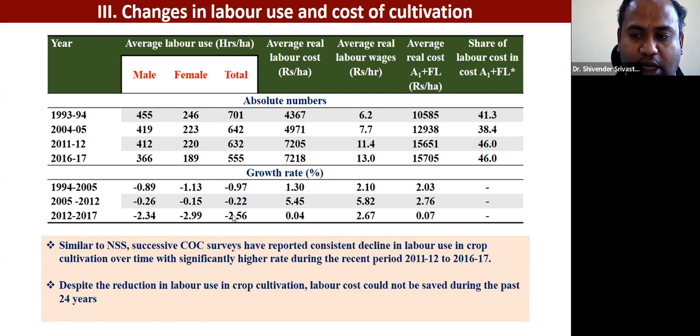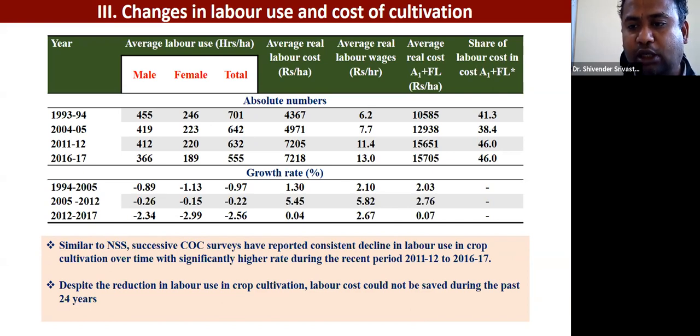So we can see the same trend which we could see in the NSS survey, that cost of cultivation surveys are also showing a decline in labor use over a period of time. So if labor is declining, it may lead to savings in cost. We can expect that because labor constitutes about 50% share in cost, cost should also decline.